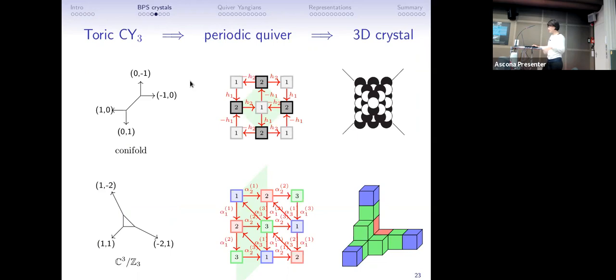I just explained that for C3, the entire crystal is a plane partition, so you can have all these plane partitions. These are another two examples. For example, for this conifold, this is the periodic quiver, and the final crystal is this two-colored pyramid. And this is the orbifold, and because it's an orbifold, you have the same shape, but three different colors.